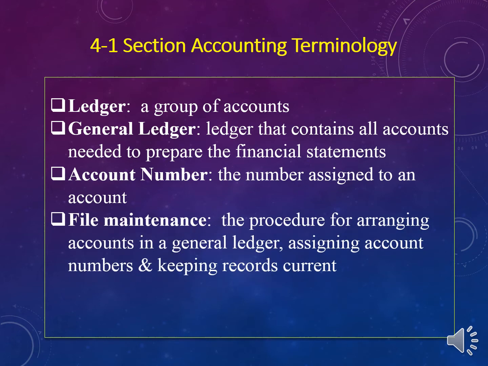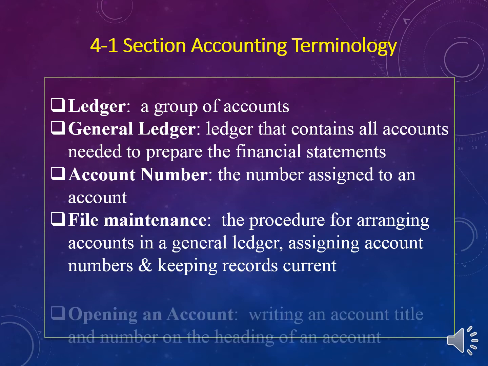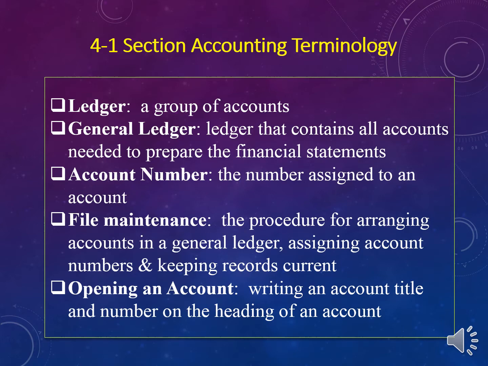File maintenance. File maintenance is the procedure for arranging accounts in a general ledger, assigning account numbers, and keeping records current. Opening an account. When we open an account, we write an account title and an account number on the heading of the general ledger account.